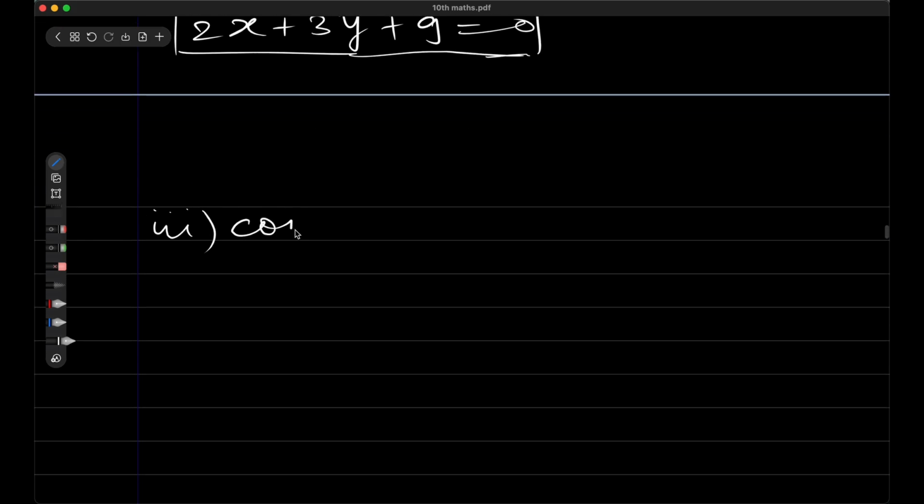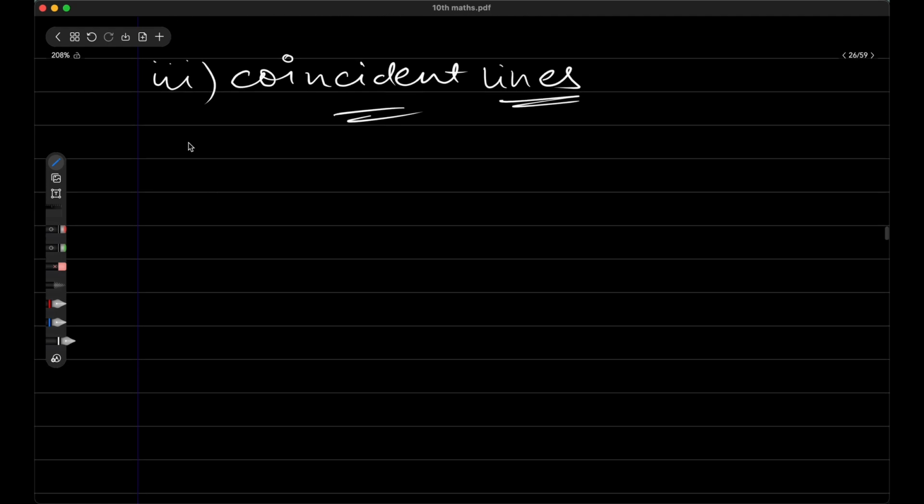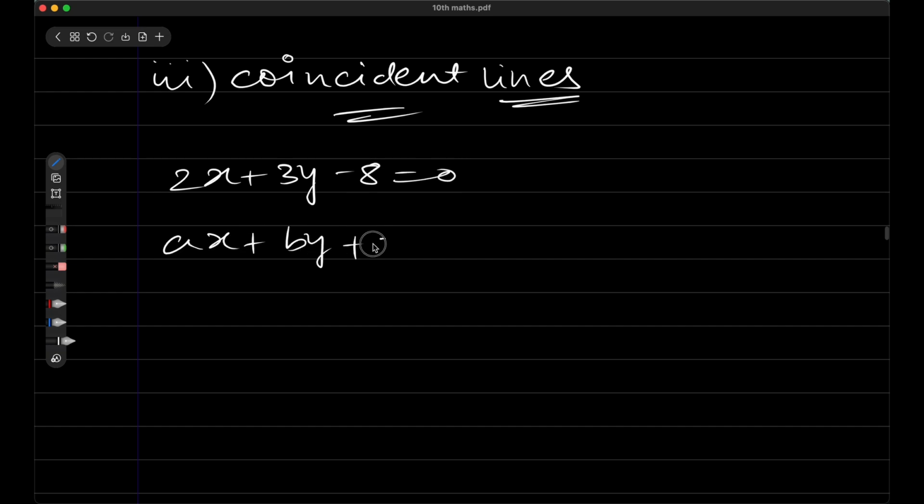for coincident lines, the first equation is 2x plus 3y minus 8 equals 0. Let's assume the second equation is ax plus by plus c equals 0. That is to be found out, the a, b and c.